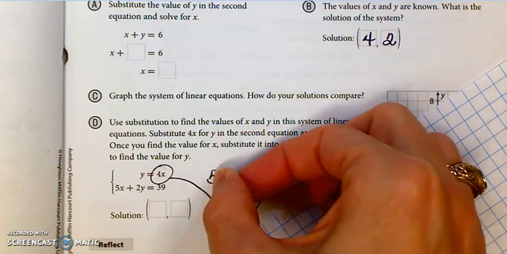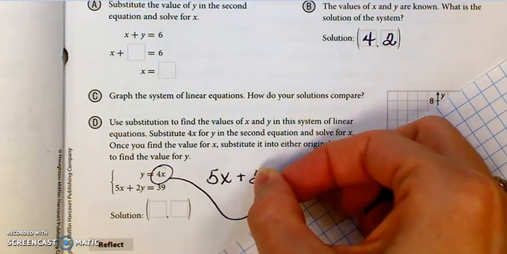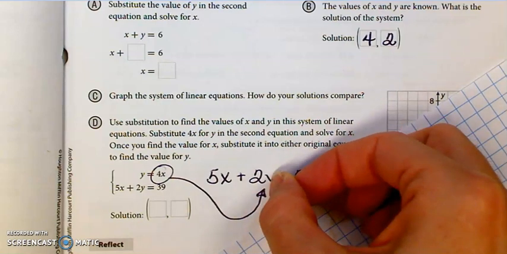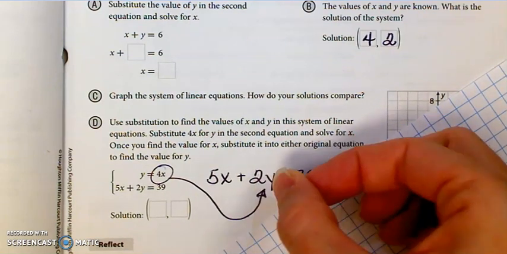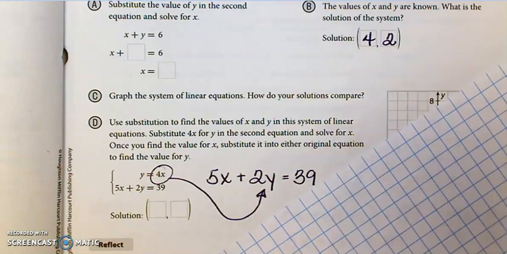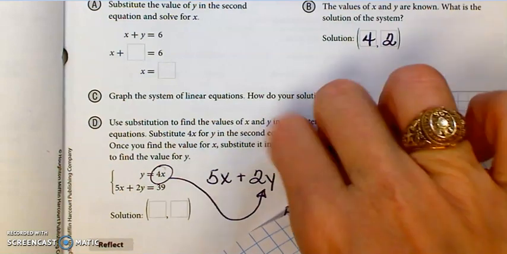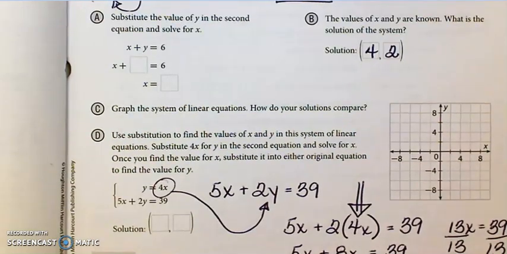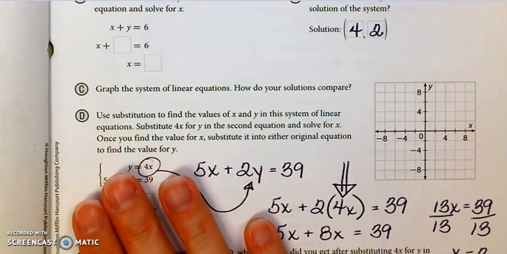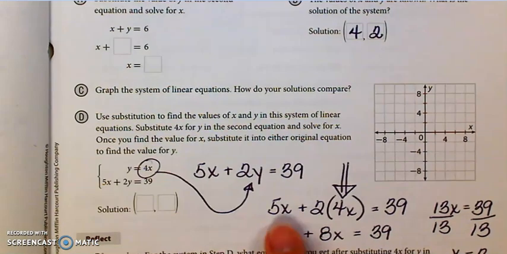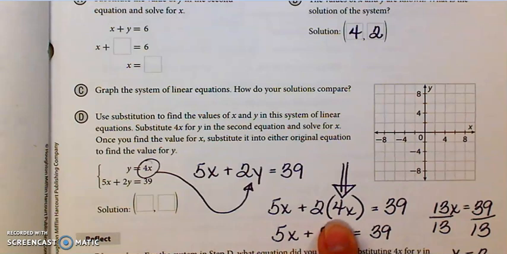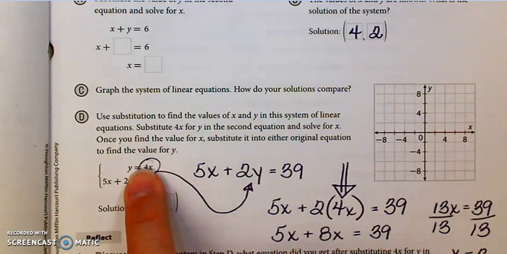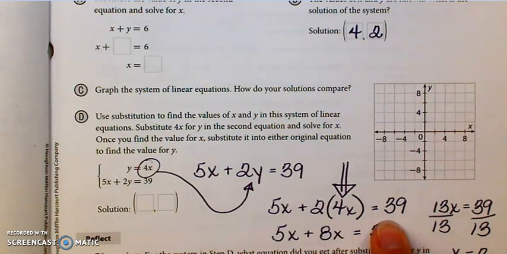So we're going to get 5x plus 2 times what y is equivalent to, so that means 2 times 4x, equals 39. That's kind of what I'm doing down here: 5x plus 2 times 4x, because remember that's what y was equivalent to, equals 39.